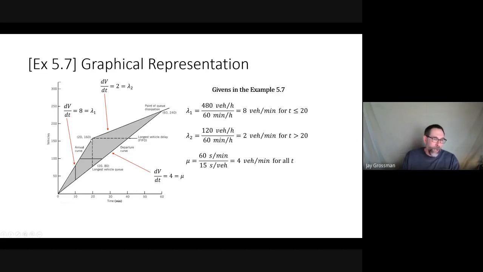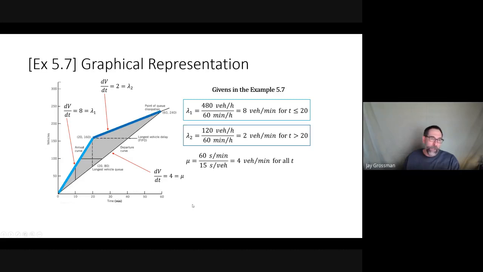We have an arrival rate, which is usually this side of the graph, right? Here's our arrival rate. If we know what our normal arrival rate is, at some point in this example the arrival rate changed, and so it switched to lambda 2, a different arrival rate at that point. We have a single departure rate. We're processing people through. Maybe this is a toll booth.